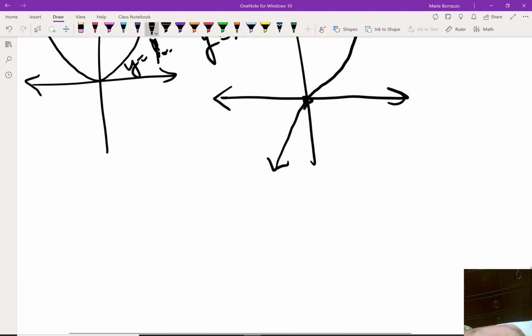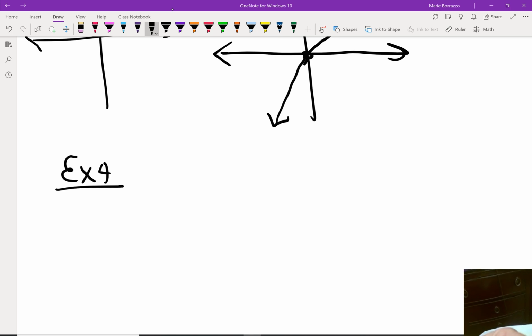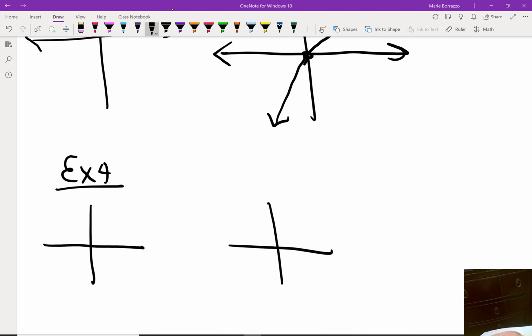So in example 4, what they do is they give you 3 little drawings. So I'm going to draw them here with 3 little coordinates. Okay, so the first one is cubic or origin symmetry.